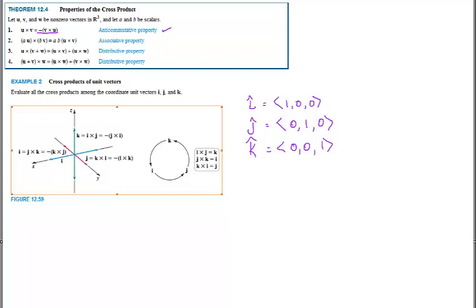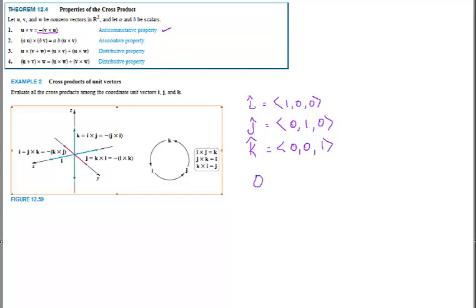Now when I look at example 2, they're wanting me to compute the cross product of unit vectors. Basically they're wanting me to look at the next theorem, which this will follow from. If I look at each of the unit vectors, notice that they are mutually orthogonal, meaning that they are 90 degrees from each other.